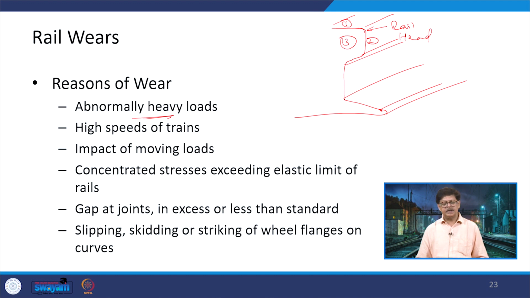So, abnormally heavy loads obviously are going to be on the top of the rail head.